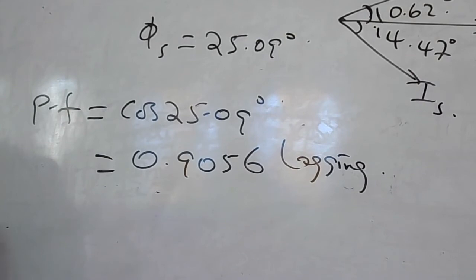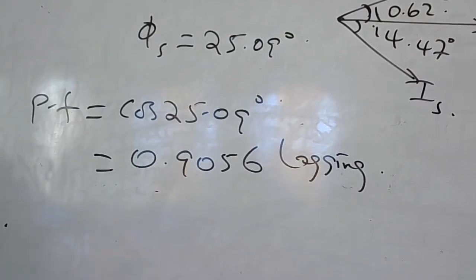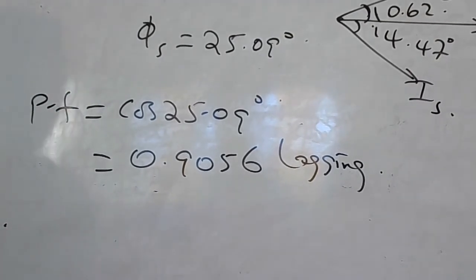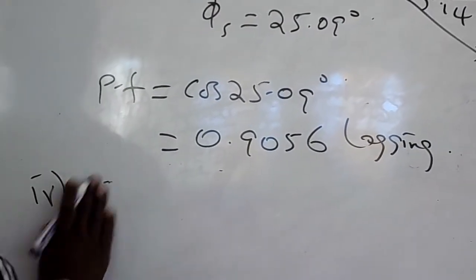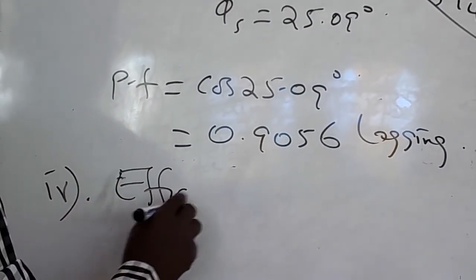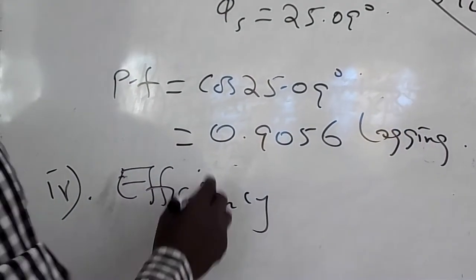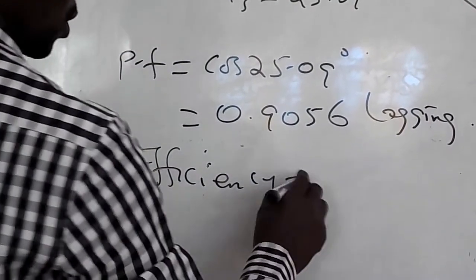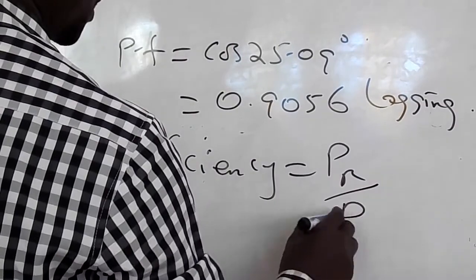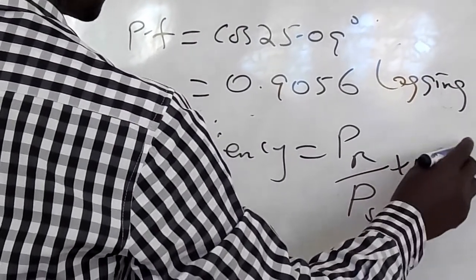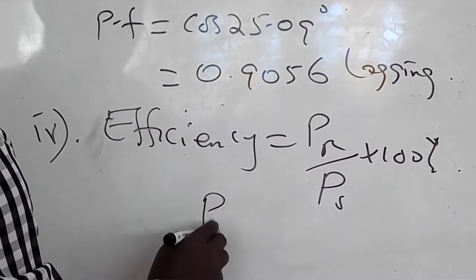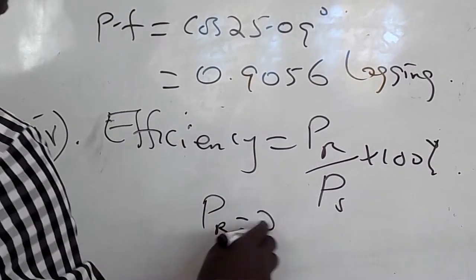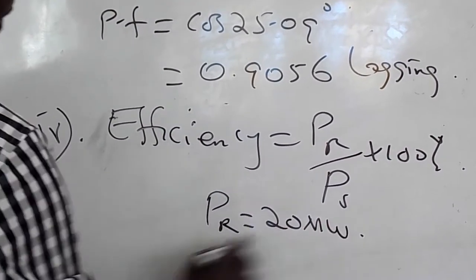Now, transmission efficiency is equal to PR over PS times 100%. Now, PR is 20 megawatts.